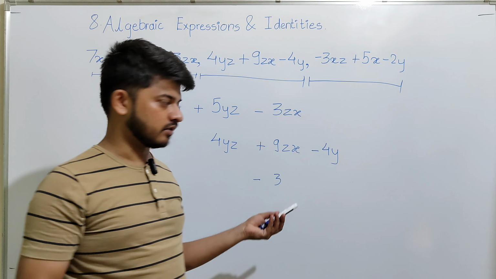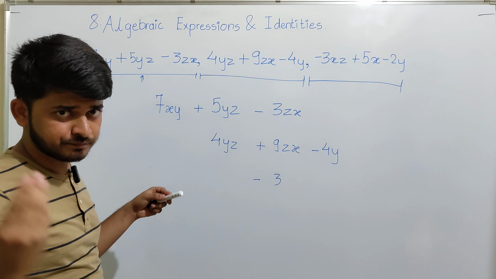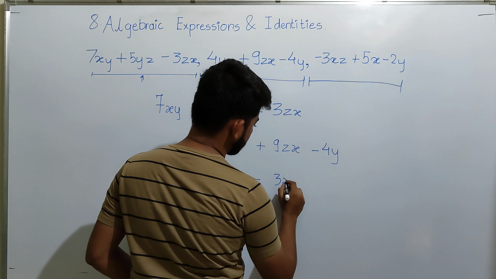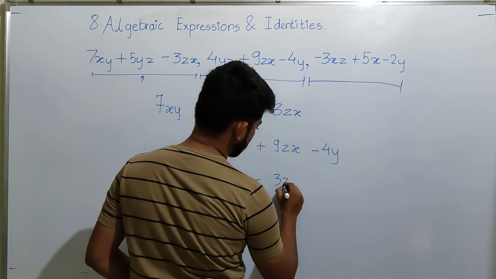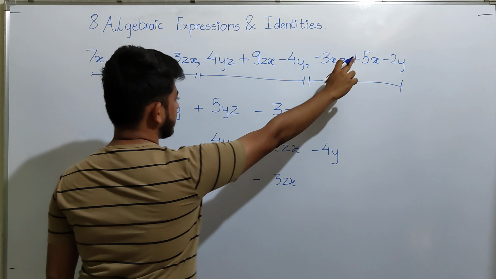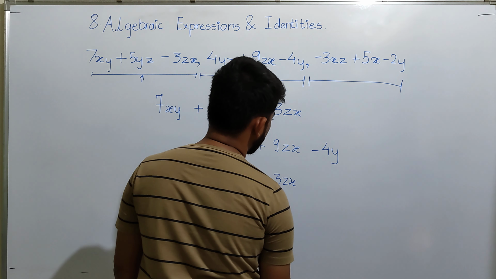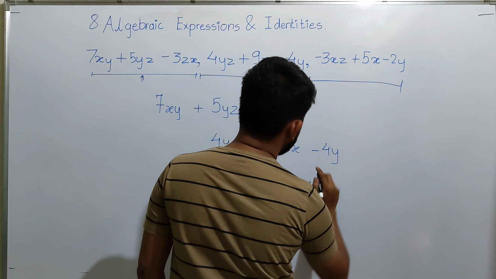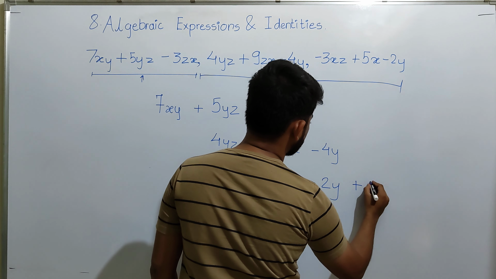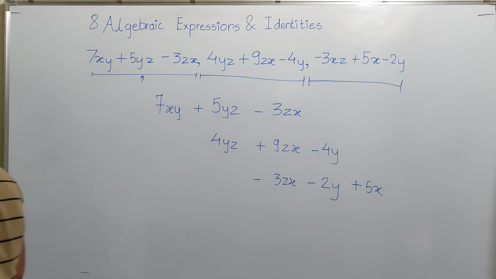So I'm solving from the point of view of those students who are unable to solve. Do we have any x variable over here? No, we don't have. Do you have 2y? Yes, we have 2y, right?